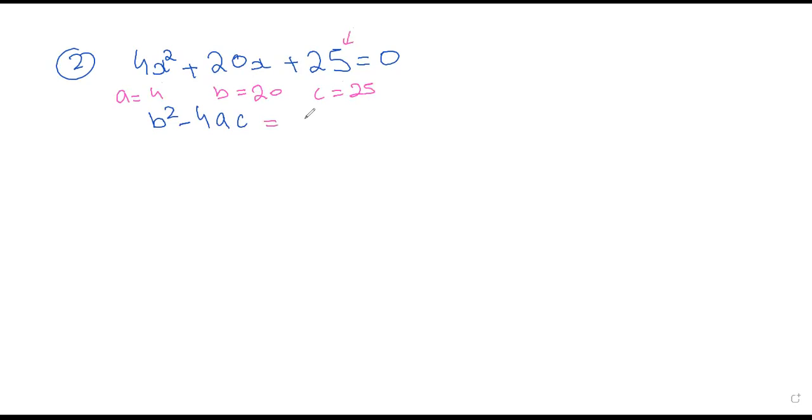So b square would be 20 square minus 4, a is 4 and c is 25. So this is going to give us 400 minus 400, that is 0. Very good, Haris. Okay, it is 0. Right. So since it is 0, what does it imply?